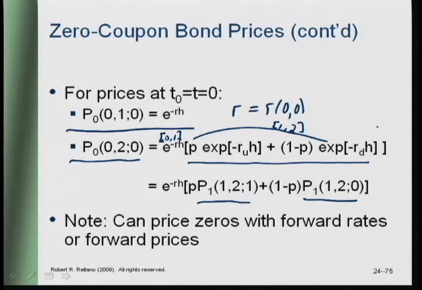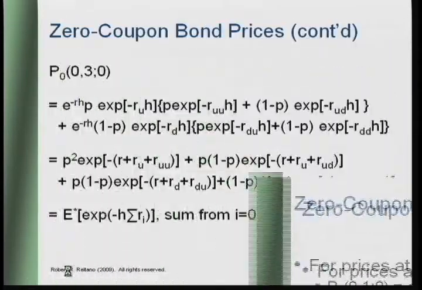So we can price a 2-year zero either with zeros or with interest rates. And notice that even this, of course, is the price of a zero. It's the price at time zero of a 1-year zero. So with those 3 zero prices, I can price a 2-year zero coupon bond.